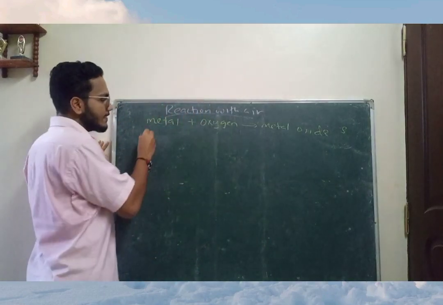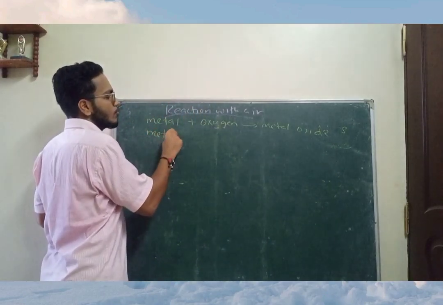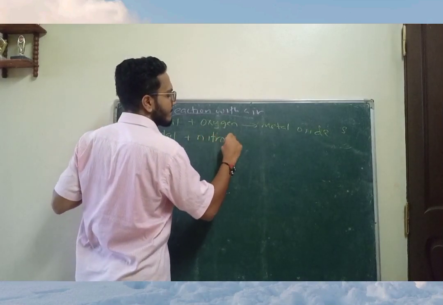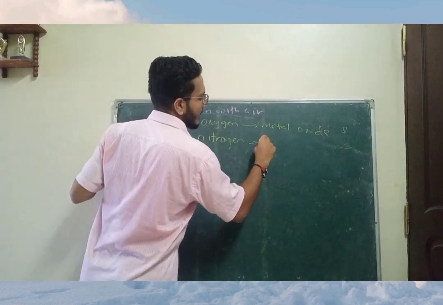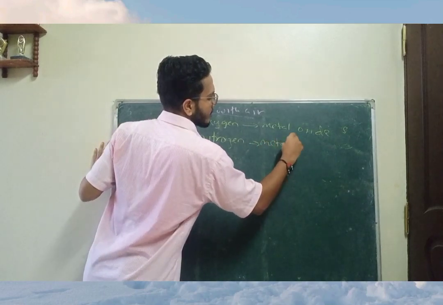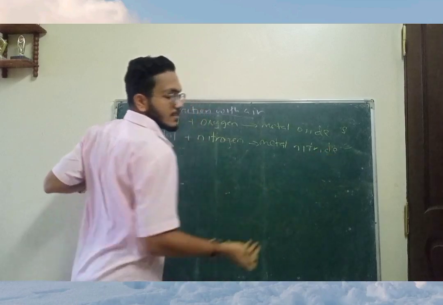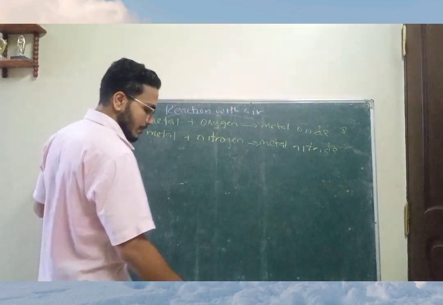Or alkali metal can also react with the nitrogen part of air to form metal nitride. So in this case, we will use the example of potassium.